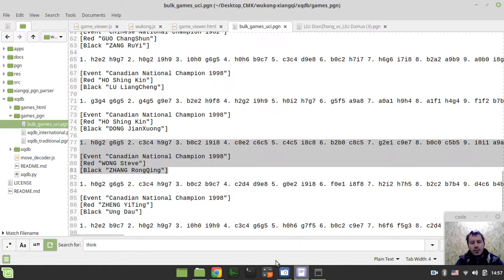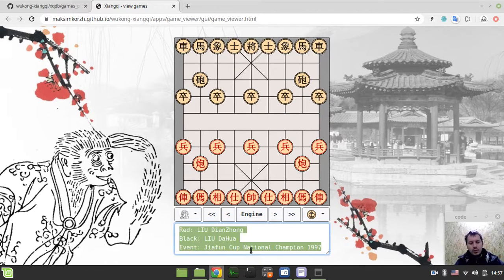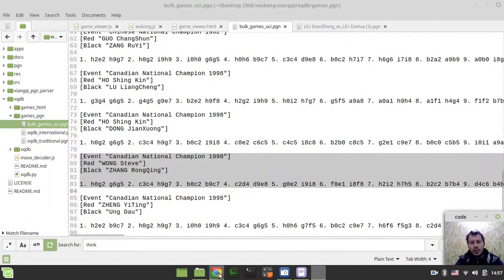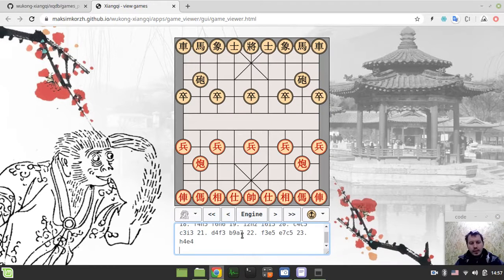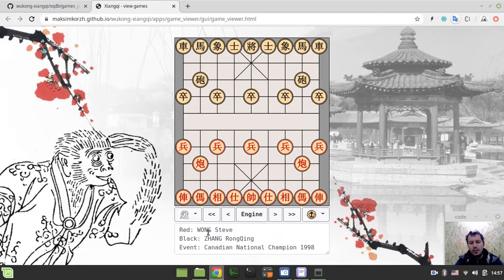Just copy this one and go into the engine, and here I paste the game in. Sorry, something has gone horribly wrong. I need to copy and paste appropriately. Okay, if I paste this game in, we have the headers and the move list, and I just click this load PGN. If the game has been parsed, here we have the white, black, event, all this stuff.